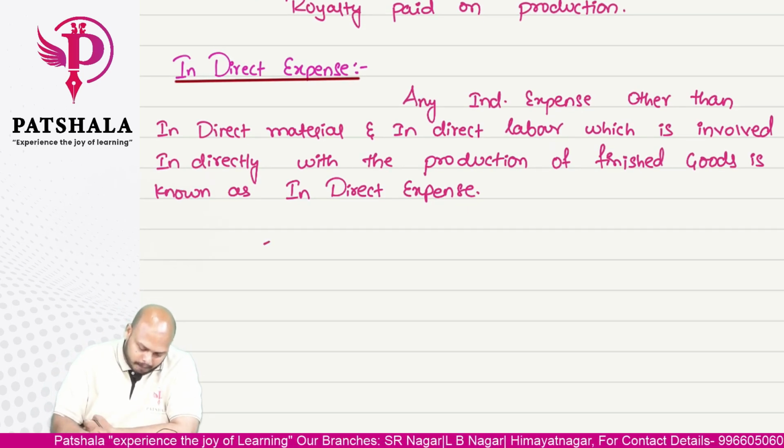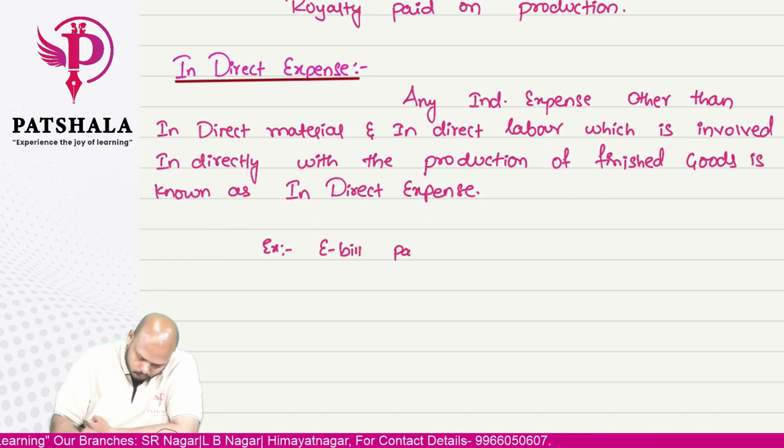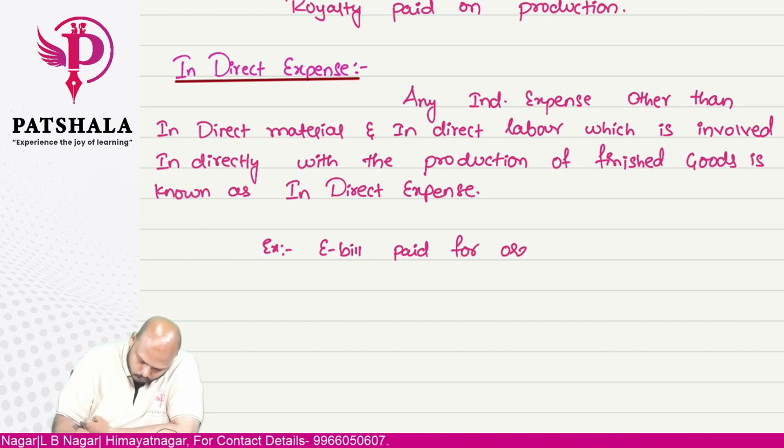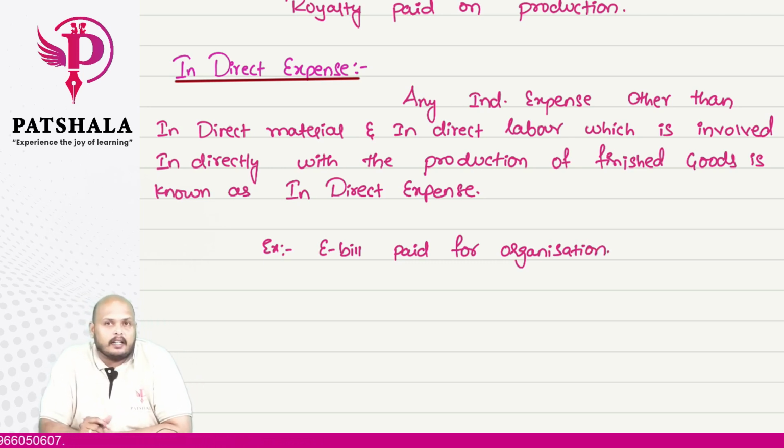Example here you can take. An electricity bill which is paid for an organization, we can classify as what? Indirect expense. Why? Because it is nowhere linked with the production of a finished good. But to convert a raw material into a finished good, compulsorily what do we require?